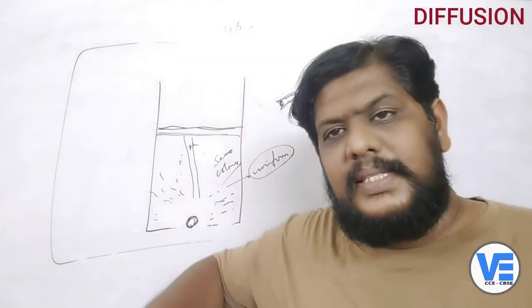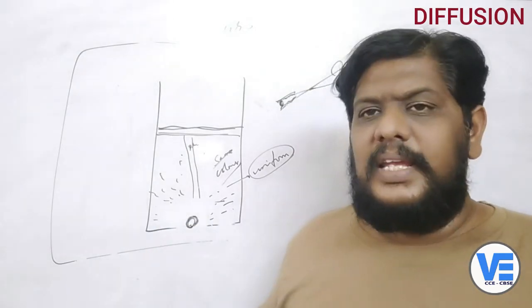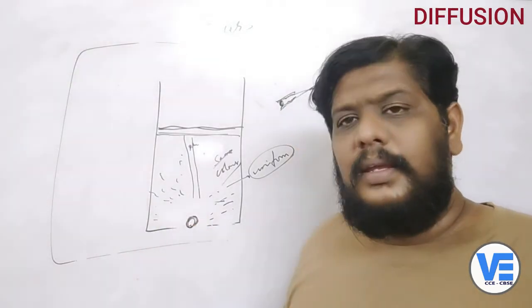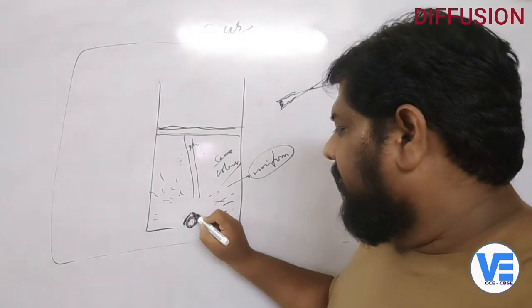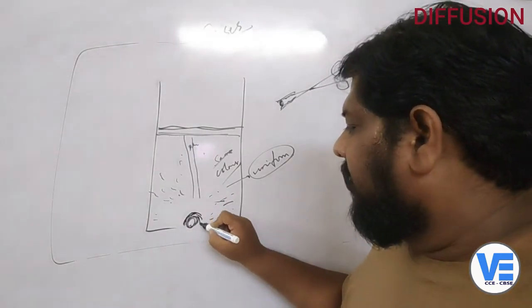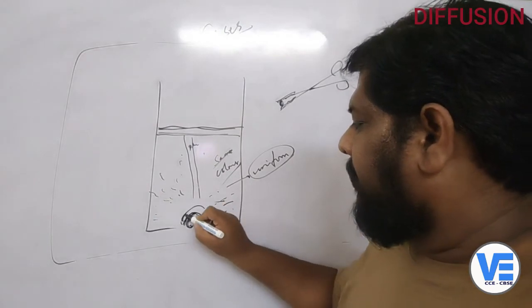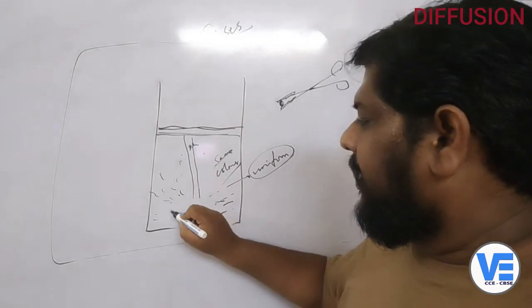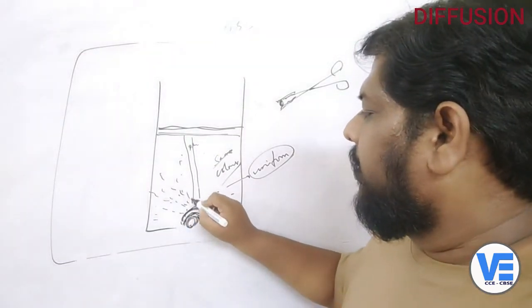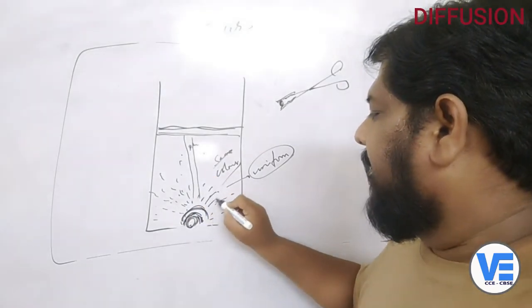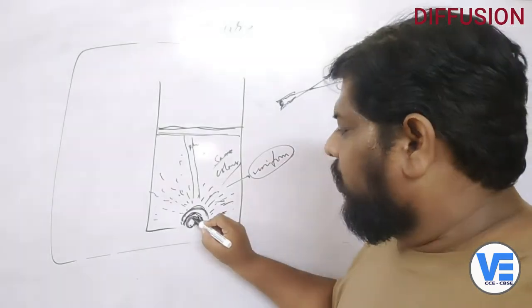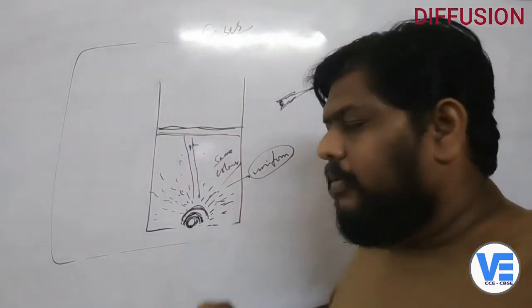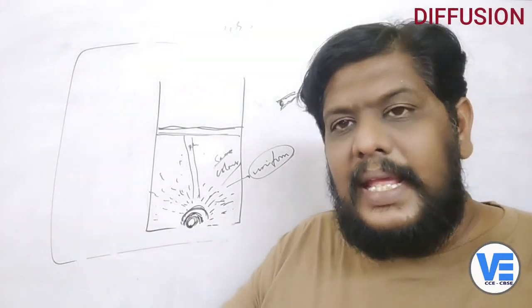And now you can see the same kind of changes happening here. This part will be dark violet in color, and slowly the molecules will keep on moving to different places randomly, and this will continue till the crystal completely melts.